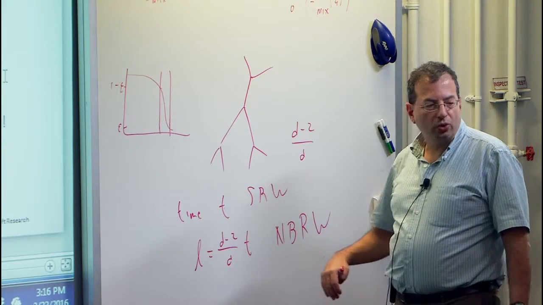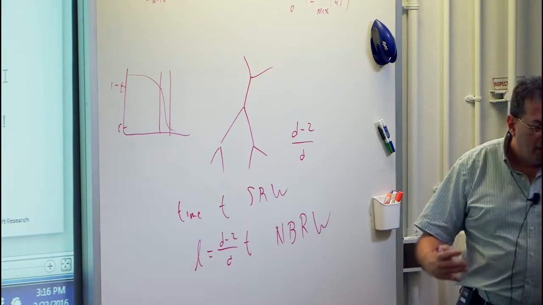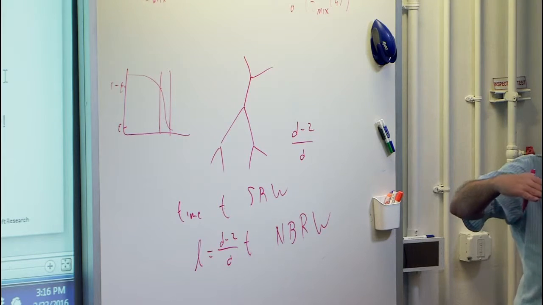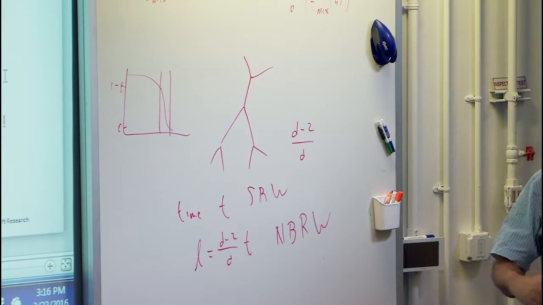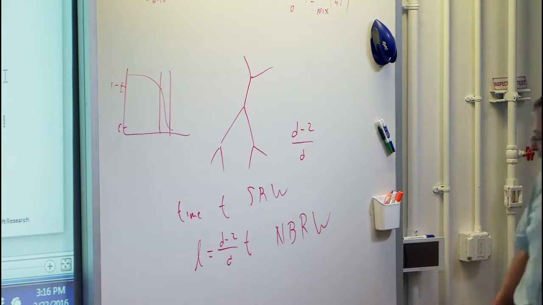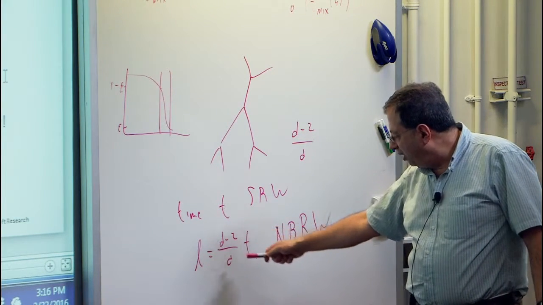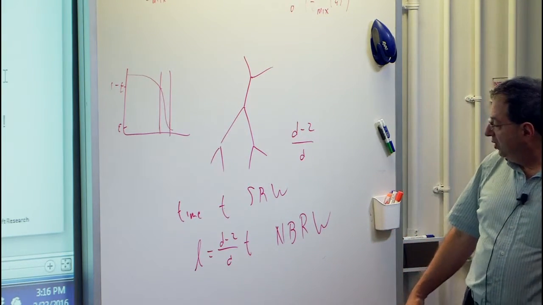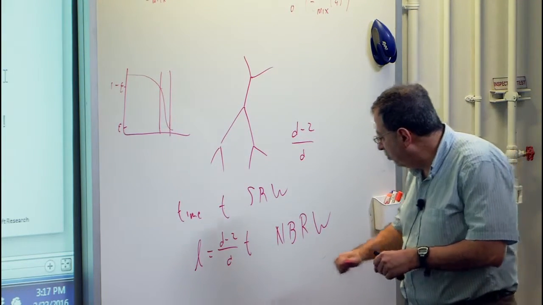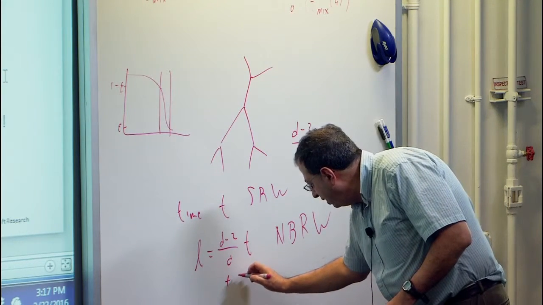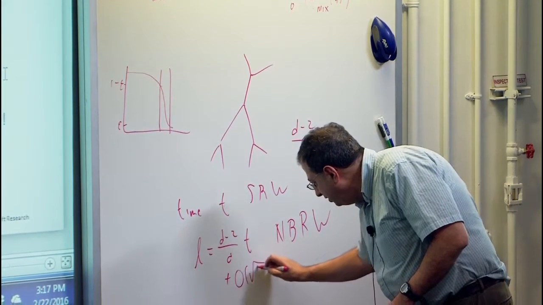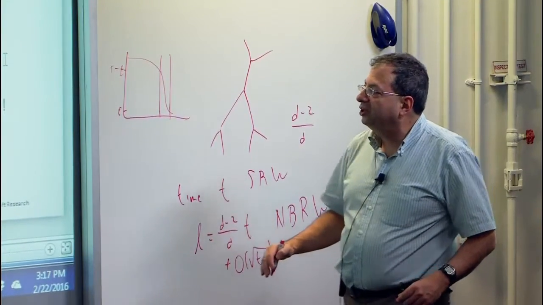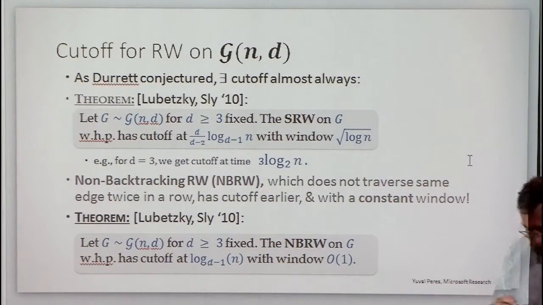With a lower order correction, which doesn't matter here, because what you'll get is some mixture of levels of the tree, and all these levels will be close to this level with an error of order root t. This root t will lead to this window of root log n here, because the t that we will need to run will be order log n.